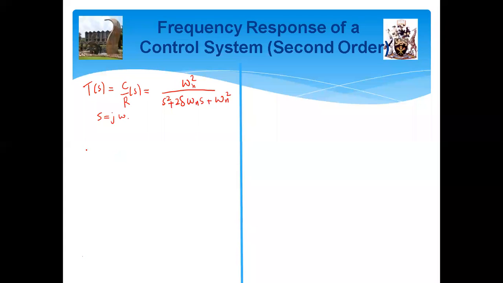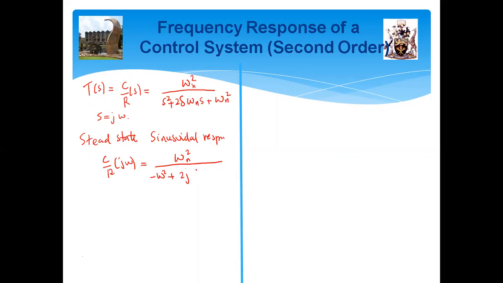So for the steady state sinusoidal response, or frequency response, we'll get this j omega. When you simplify, you'll get something like this, with omega n squared.